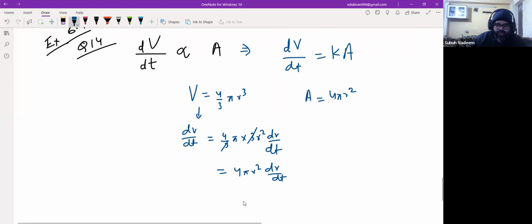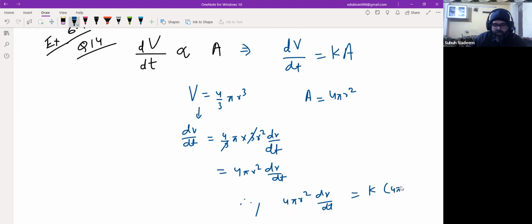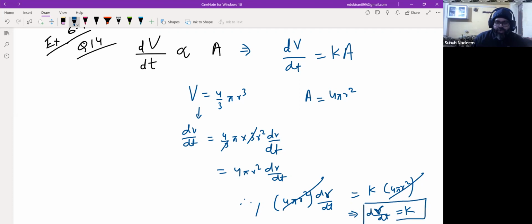Therefore, 4 pi r square dr by dt is equal to K into 4 pi r square. So 4 pi r square gets cancelled on both sides. So dr by dt is equal to K, which is a constant. It is not dependent upon r, the radius. So rate of change of radius is constant. This is what we had to prove.